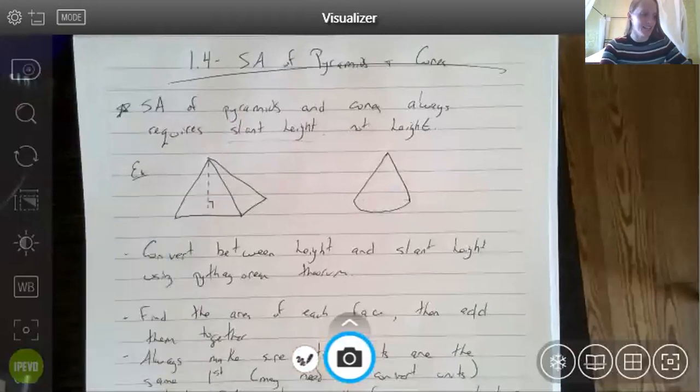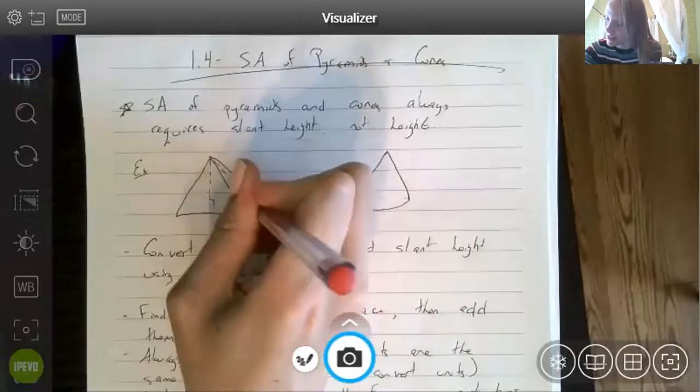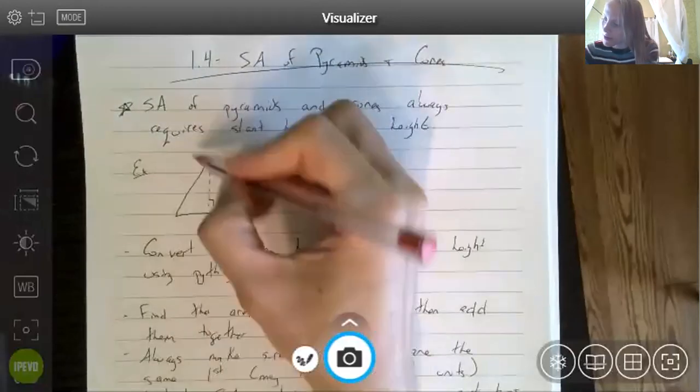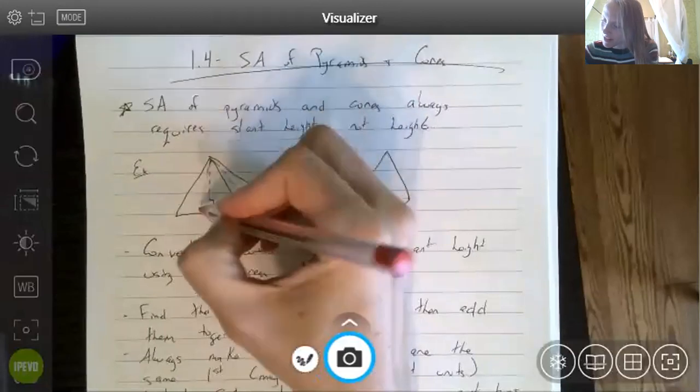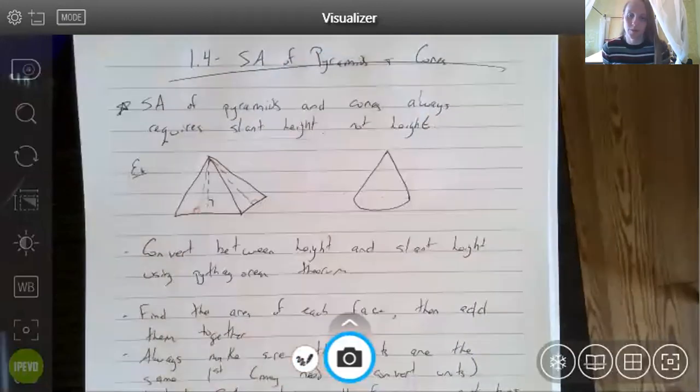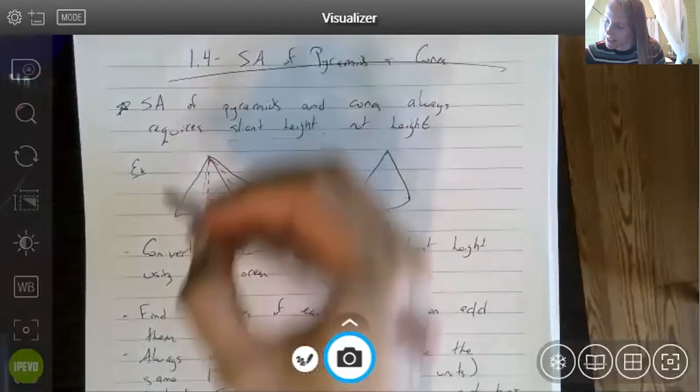The slant height is coming down on the face, not straight down out of the middle. So the slant height would be right here or right here. Those would be the two possible slant heights.